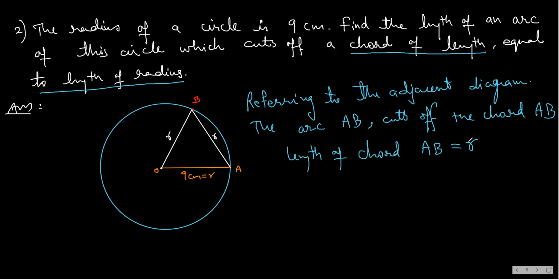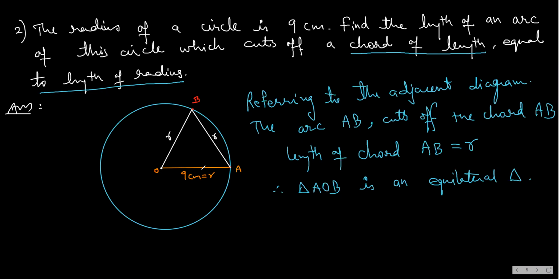Now see here, when I join O with B, I get another radius of the circle. So now I end up with an equilateral triangle. So I write here, therefore triangle AOB is an equilateral triangle.